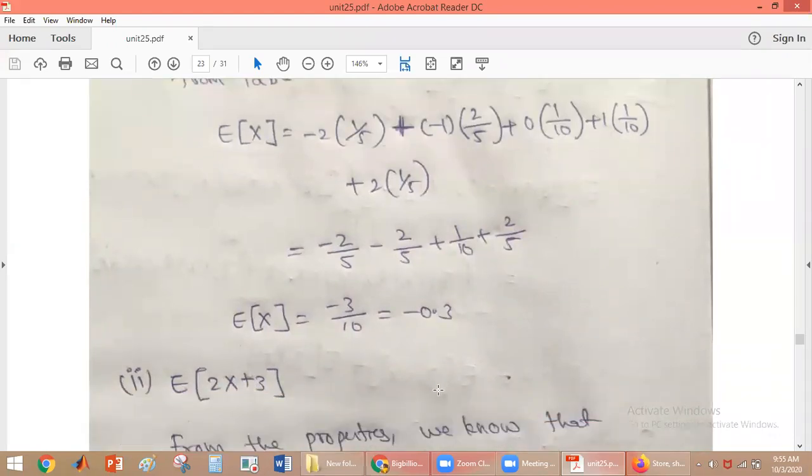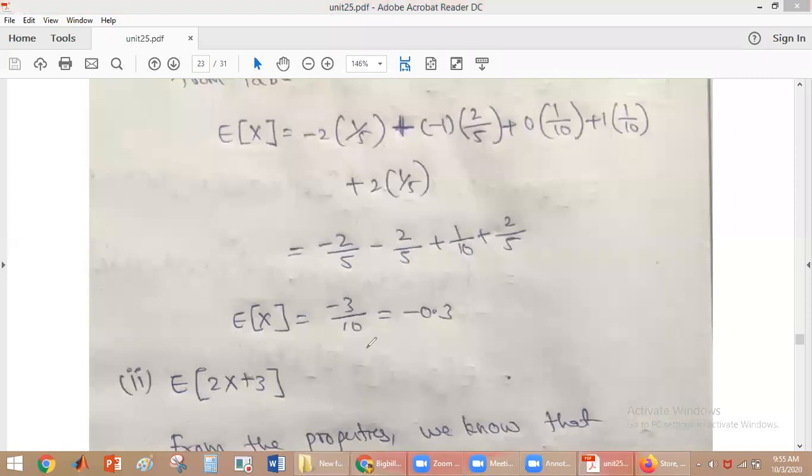Similarly, the second part is the expected value of 2x plus 3. From the properties, we know the expected value of ax plus b. Just now we discussed the properties. It is given as a into the expected value of x, plus b.